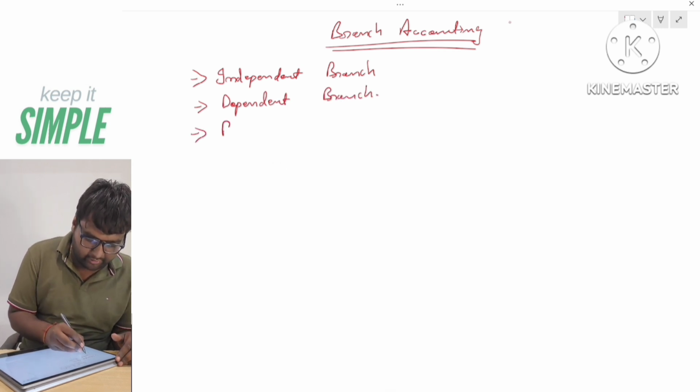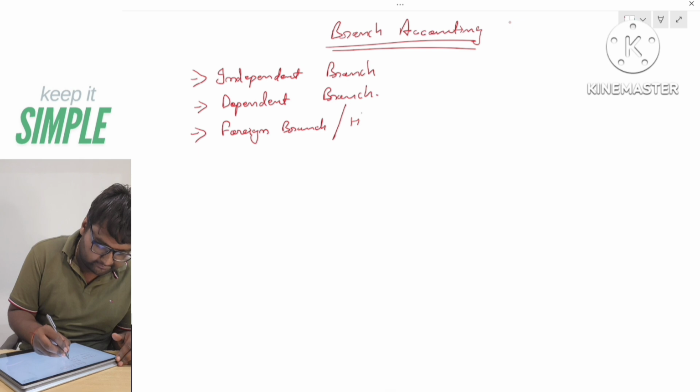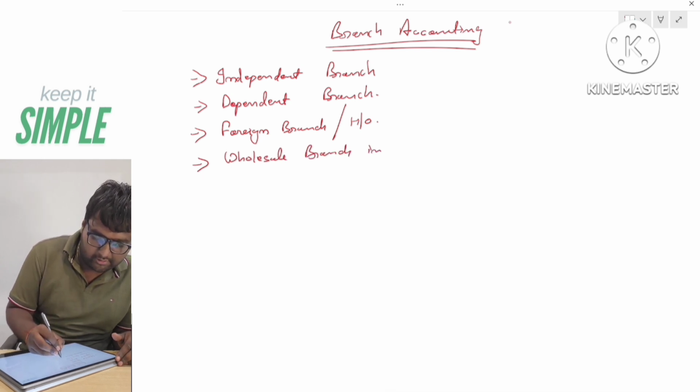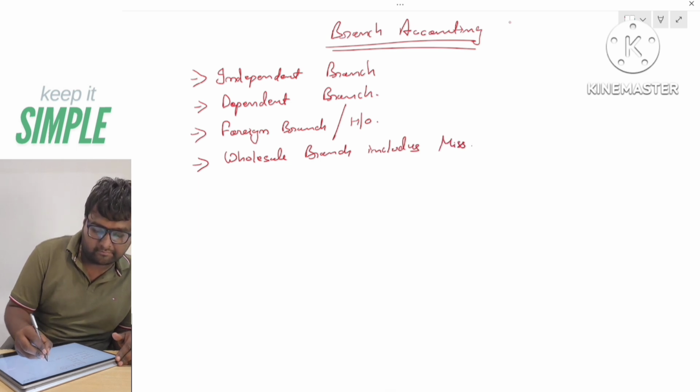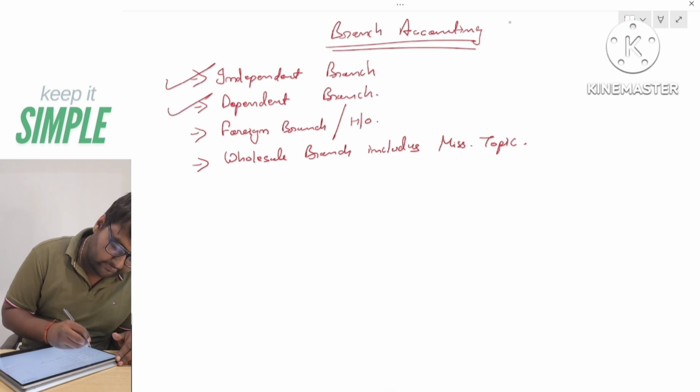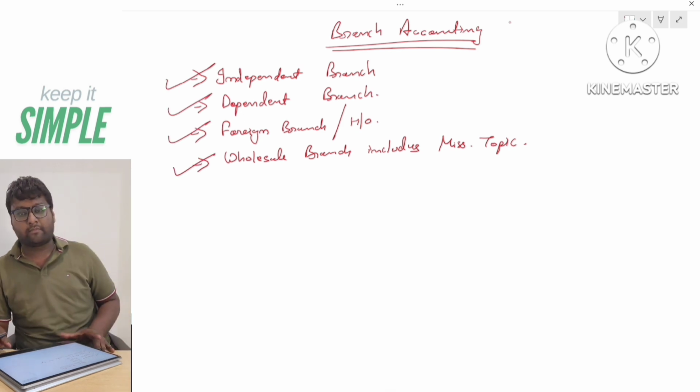Then third being foreign branch or head office. Fourth being, we can say, wholesale branch, which includes miscellaneous topics. Okay, so we will be covering these four things in the entire chapter.